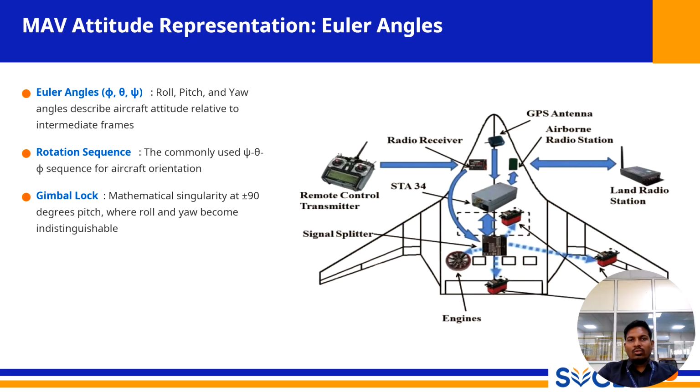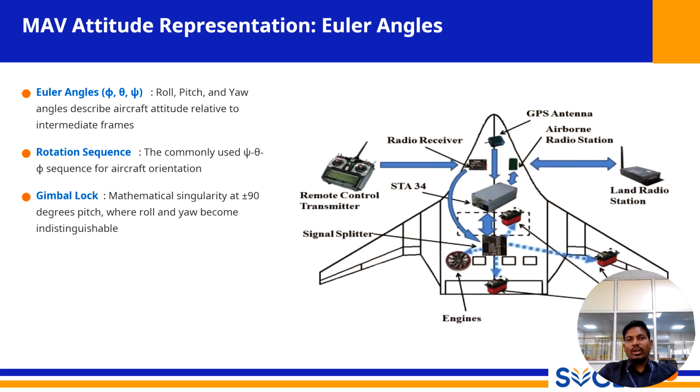At this precise orientation, the axes of roll and yaw become aligned, and as a result, they become indistinguishable from each other. This creates a mathematical problem where the drone effectively loses a degree of rotational freedom.